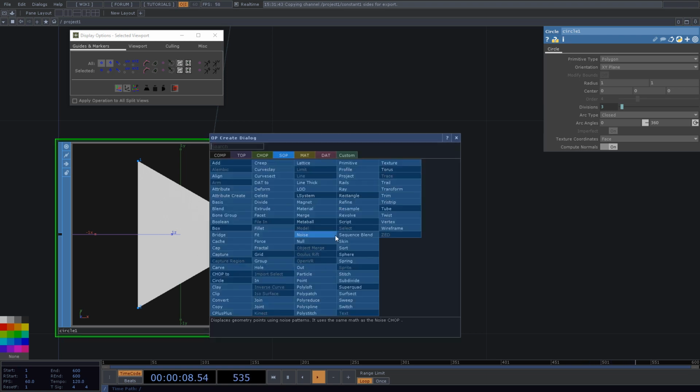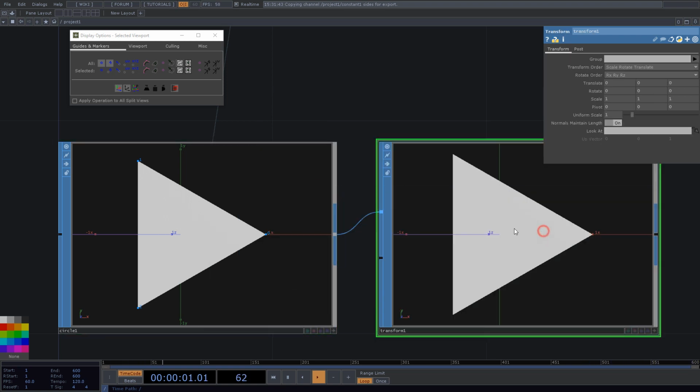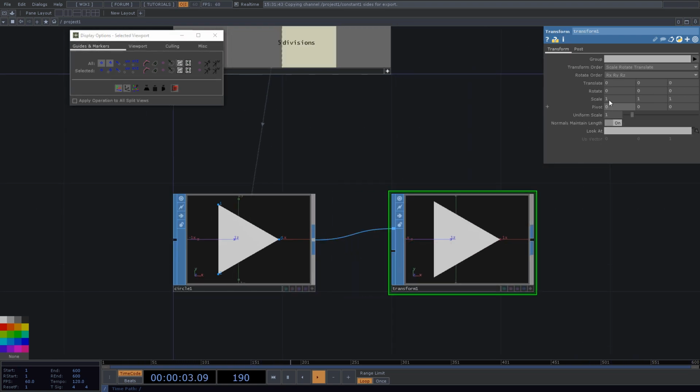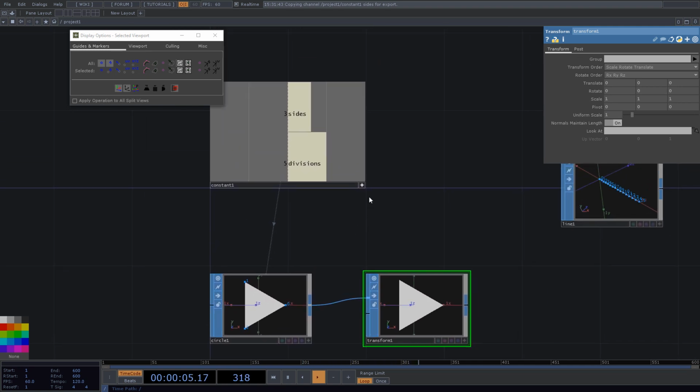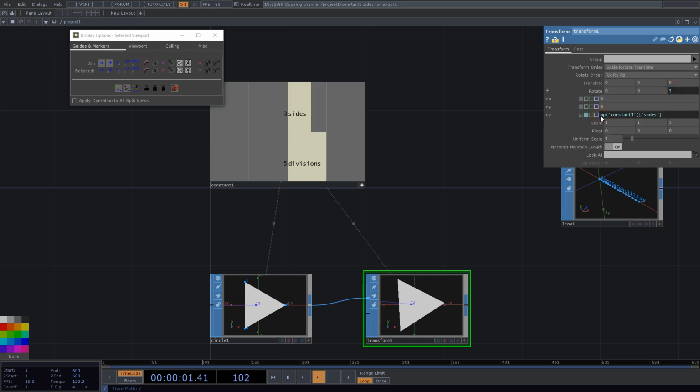So first we use transform SOP to rotate this polygon on the z-axis by 360 divided by the number of sides multiplied by 2.